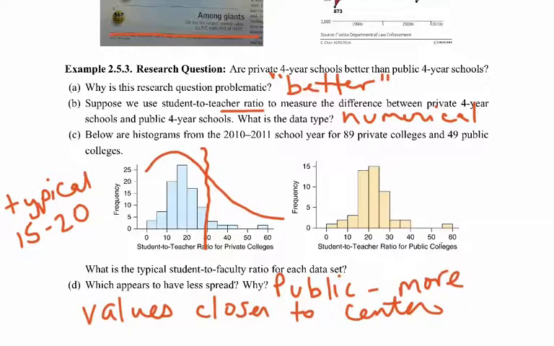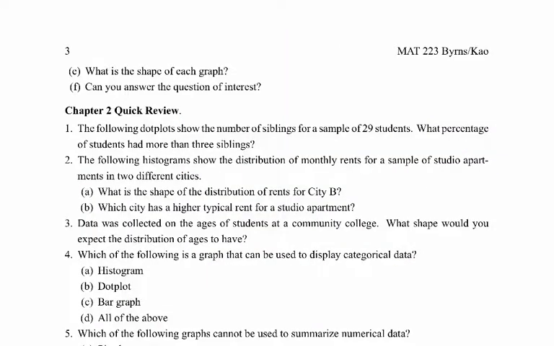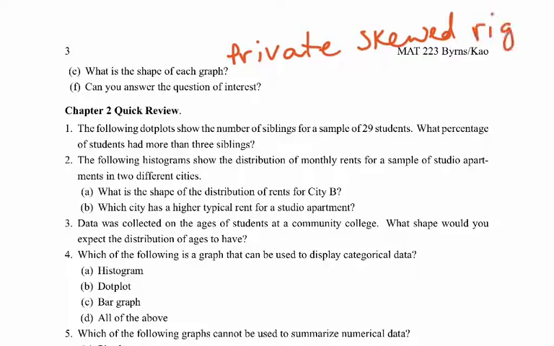The public, I would say, is a little bit more symmetric. You've got these clusters in the center, and then these tails are a little bit closer to even. So let's say that the private colleges, the graph is skewed right. And for the public colleges, I would say the graph is more symmetric.